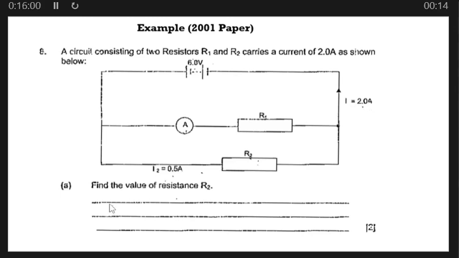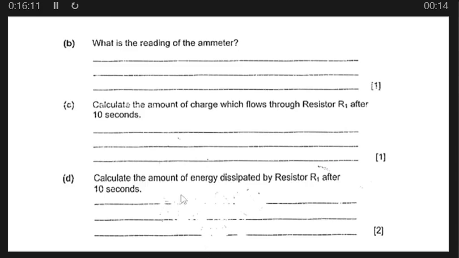Then A, they are saying find the value of resistance R2. Then B, what is the reading of the ammeter. C, calculate the amount of charge which flows through resistor R1 after 10 seconds.